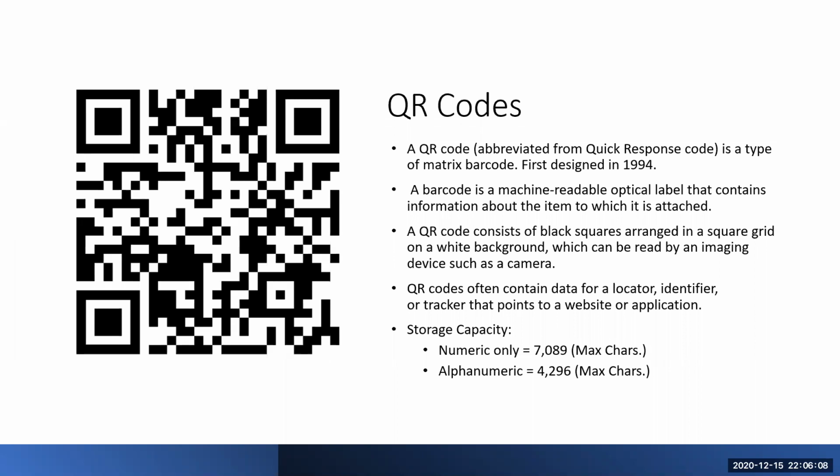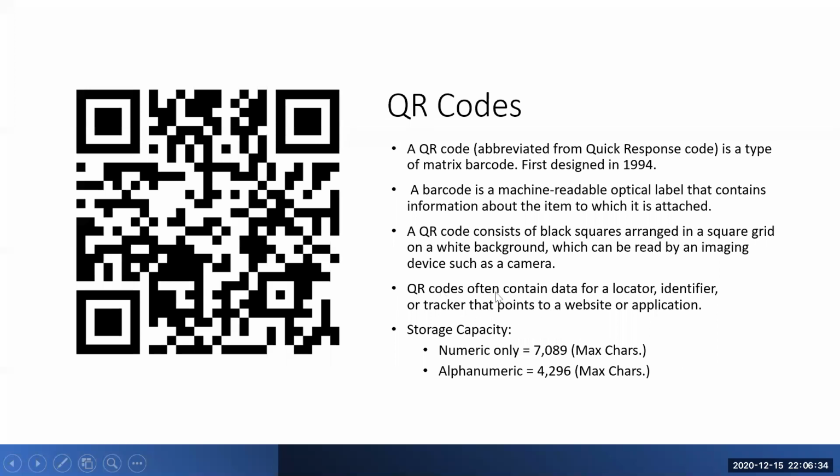A QR code consists of black squares arranged in a square grid, as you can see, with a white background, which can be read by the imaging device. But it is not necessarily that this color coding would always be the same. This can be customized based on how you want to present your QR code.